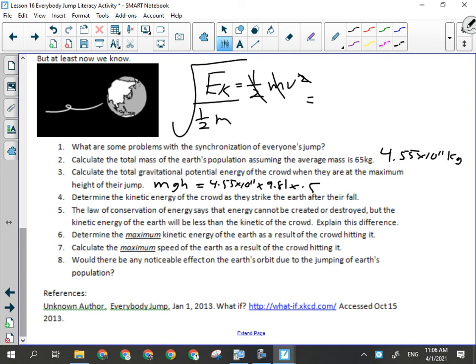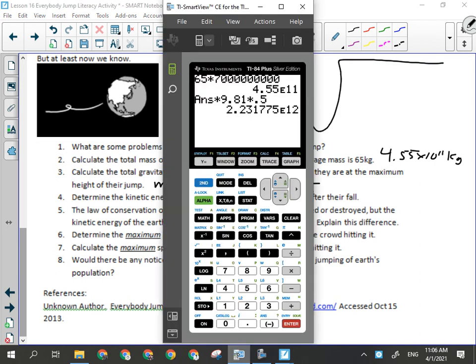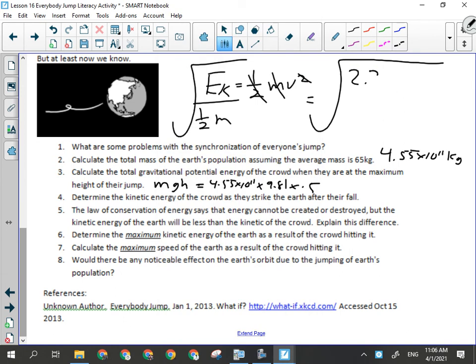So we have 2.2 times 10 to the 12 joules divided by 1/2 times the Earth's mass, 5.98 times 10 to the 24 kilograms. That's the Earth's mass.